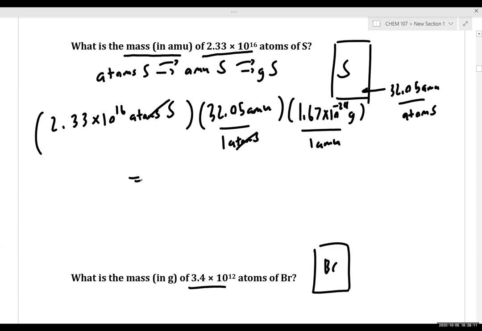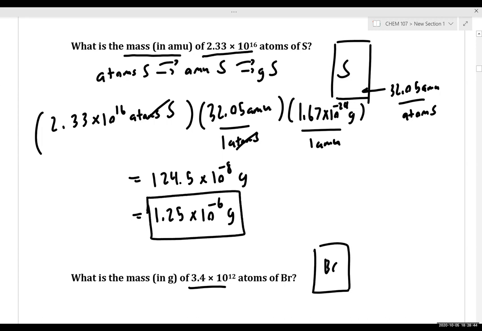And now punching this into our calculator, 2.33 times 32 times 1.67, that gives us 124.5 times 10 to the negative 8 grams that we simplify to, sorry, not 1.24, 1.25 times 10 to the negative 6th grams.